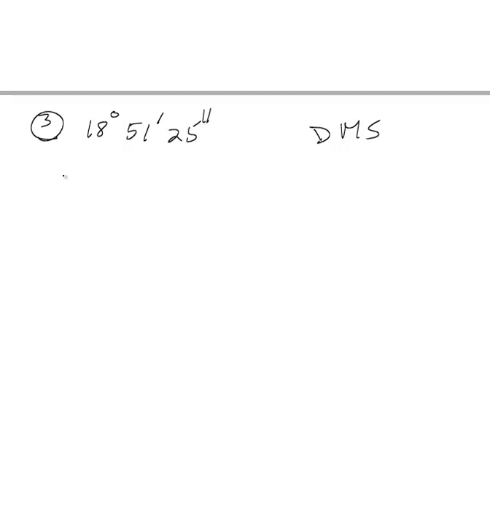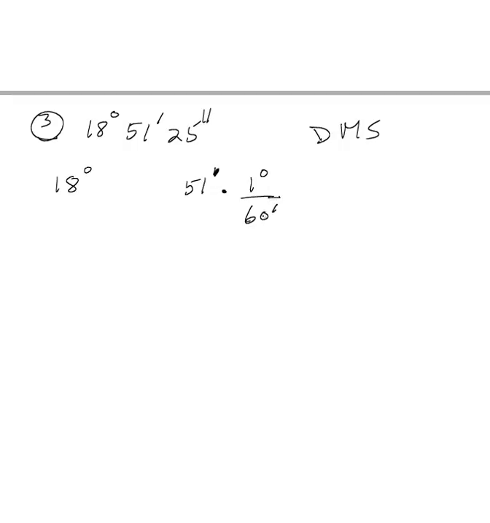I already have my 18 degrees, so I'm all set there. These next two, I need to use my conversion factors. So I've got 51 minutes times 1 degree over 60 minutes.